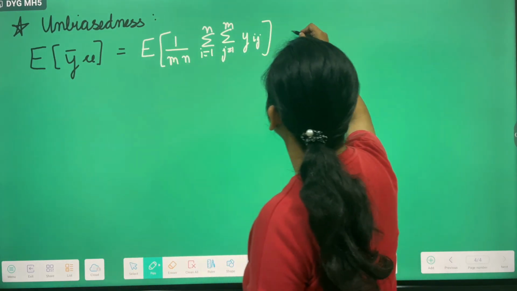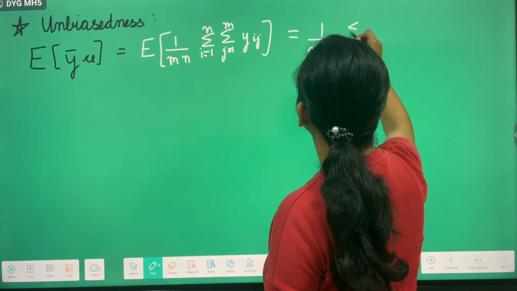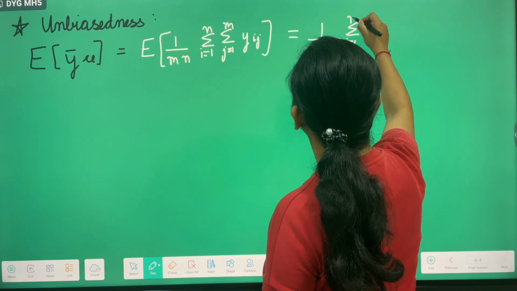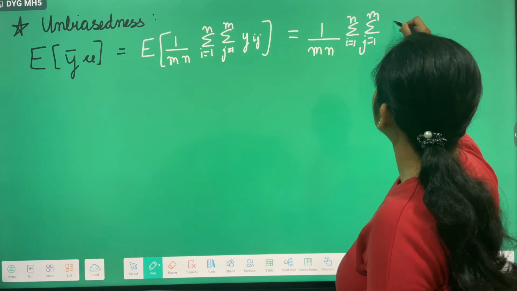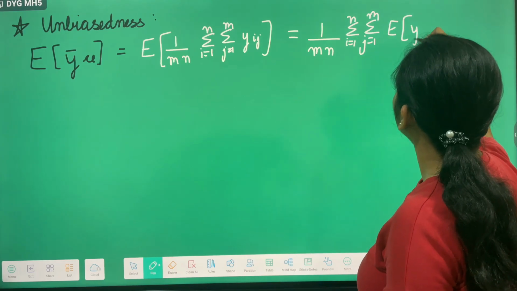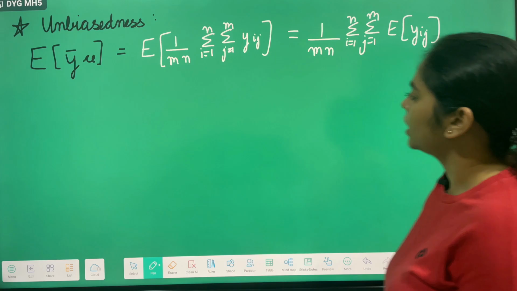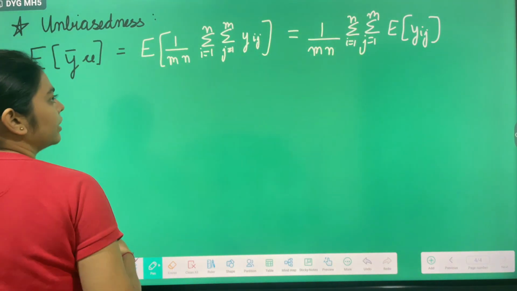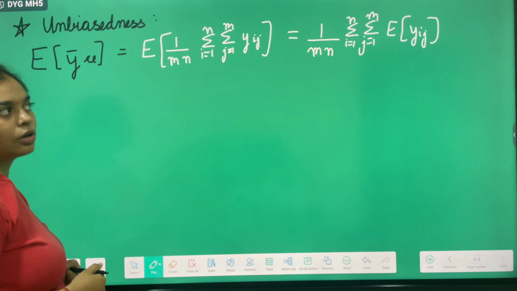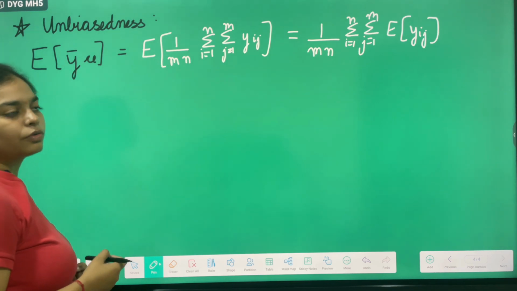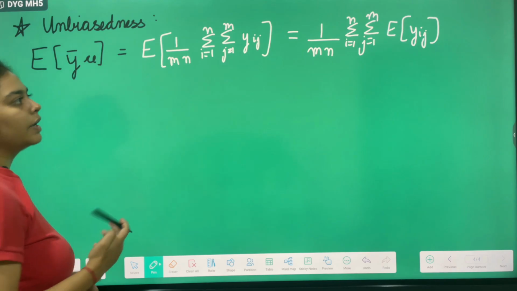Now the constant can be taken outside: 1 upon mn summation i from 1 to n summation j from 1 to m expectation of yij. Now the expectation of yij can be written as the probability of selecting yij, which is 1 upon mn, times the summation over i and j from 1 to capital N and capital M respectively of Yij.